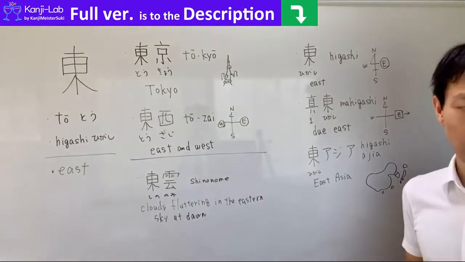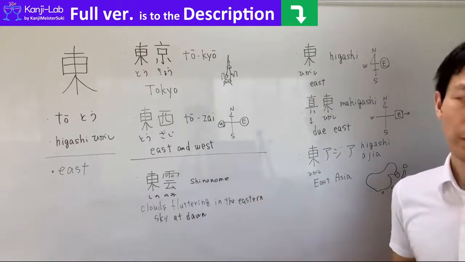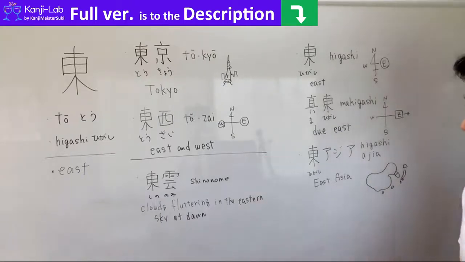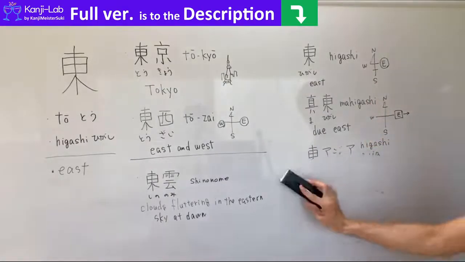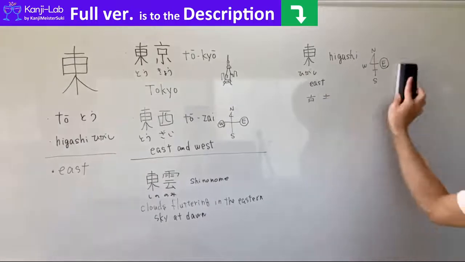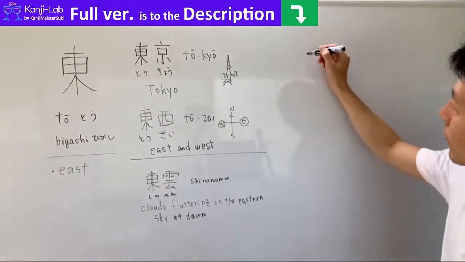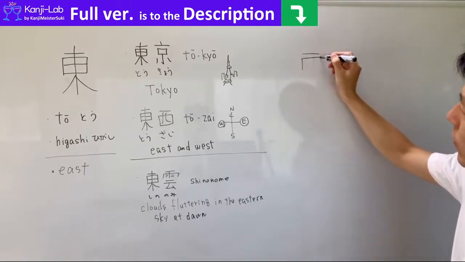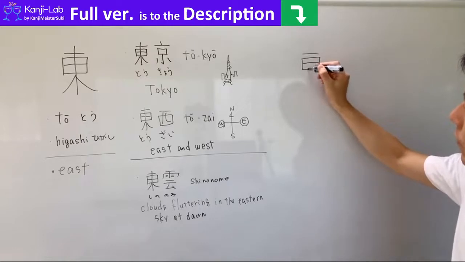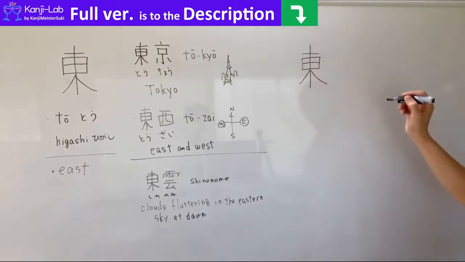Okay, and next let's look at how to write this character. Let's write it together. One, two, three, 4, 5, 6, 7, 8.